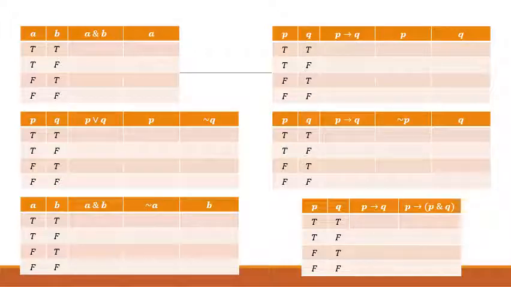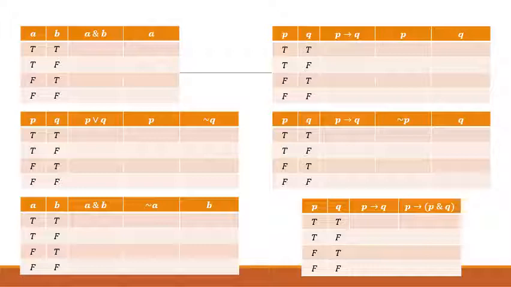But we're only going to look at arguments that have 2 and 3 sentence letters, so just 4 and 8-line truth tables. As we go through this, filling in the truth table is part of it, but the important thing is to state whether or not the argument is valid.